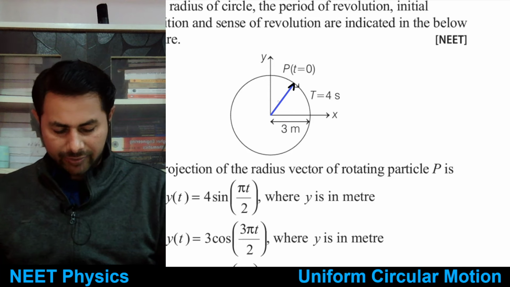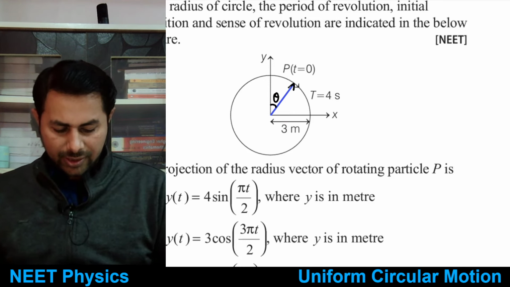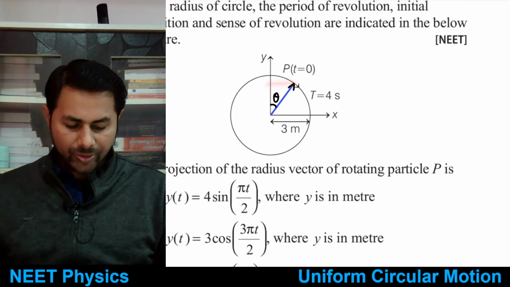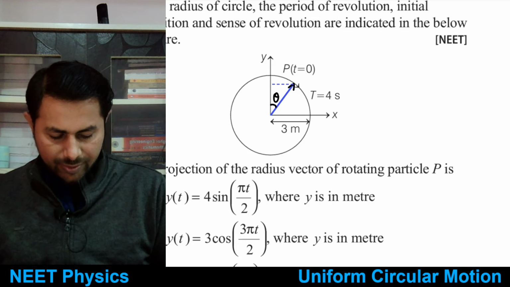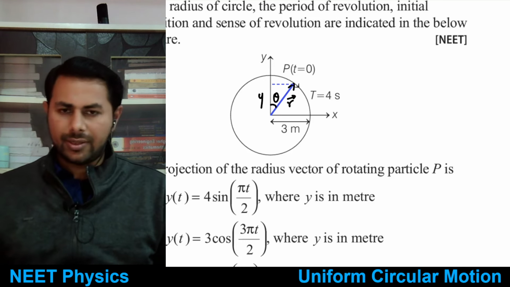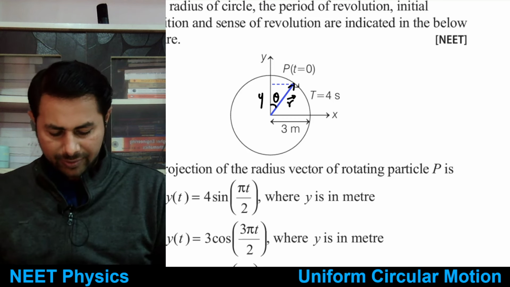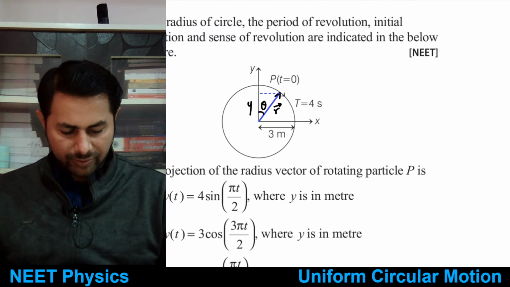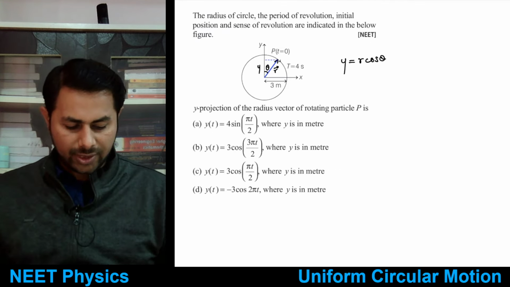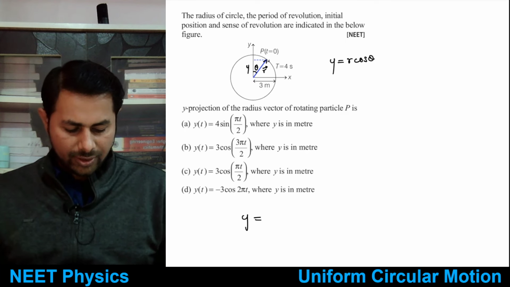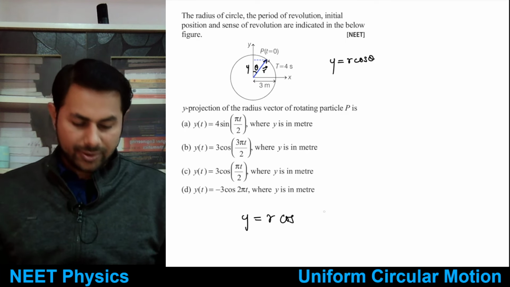Then you can find the Y projection or Y component. If this is R bar, then Y is equal to R cos theta. That is, Y is equal to R cos of, what is theta? Omega t.